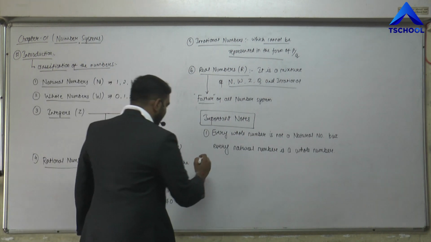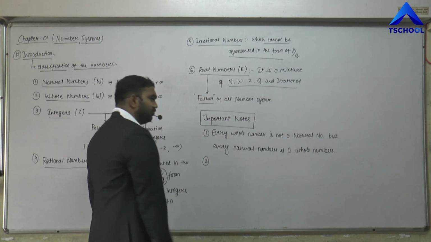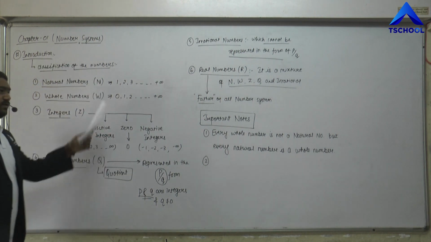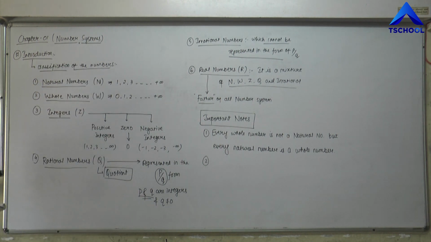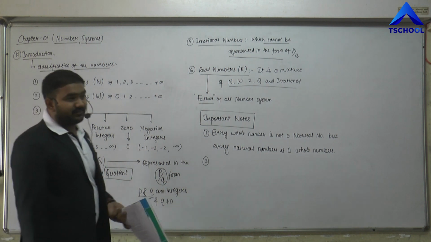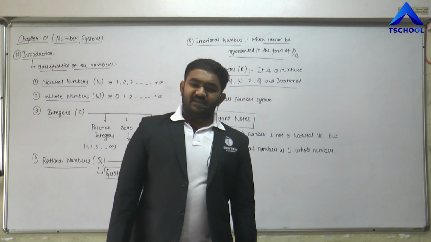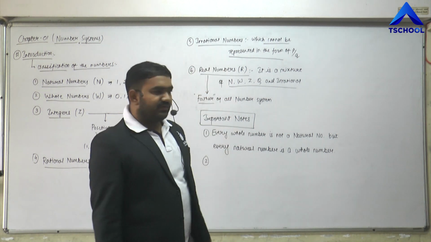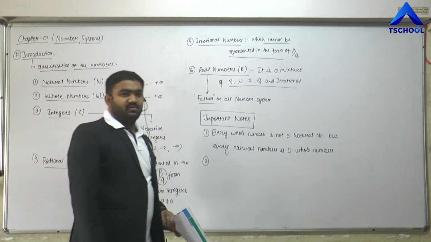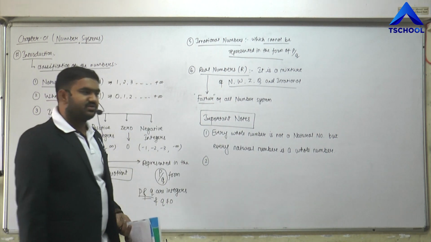Is it clear, friends? That is the main thing you need to know. You can come to many conclusions from this, but we are only dealing with the important ones. Important ones, because this can be asked in the examination by twisting the question, and you might be confused about what the answer will be.